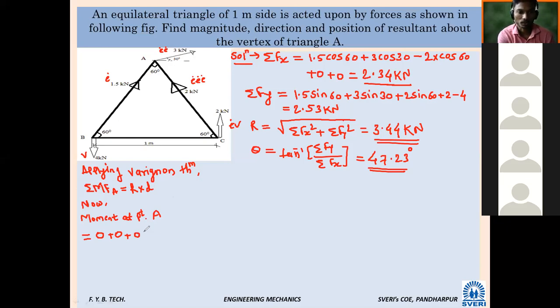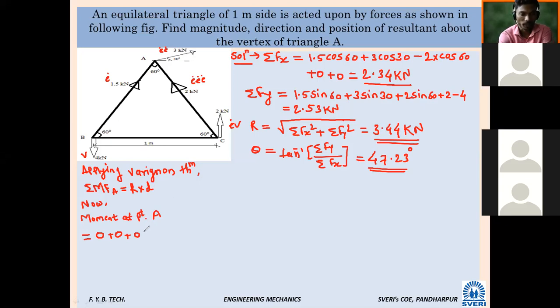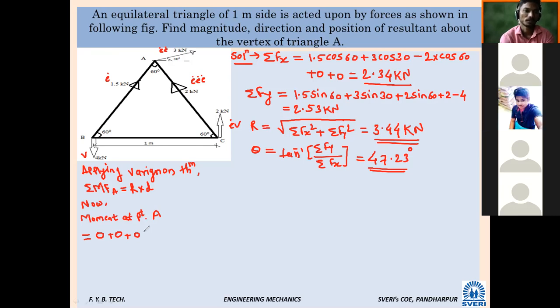Force number 4, 2 kilonewton. What will be its moment? You should remember the formula of moment is magnitude of force into perpendicular distance, and its direction is also important, clockwise or anti-clockwise. 2 into 1 by 2, that is half, 0.5. Will it be positive or negative?